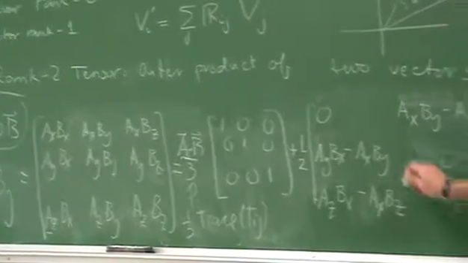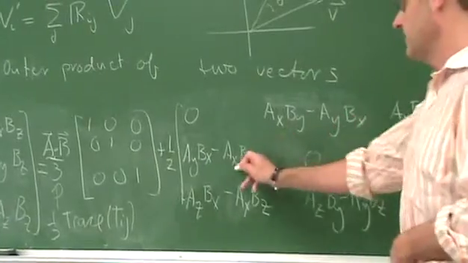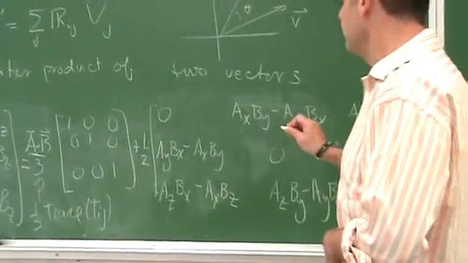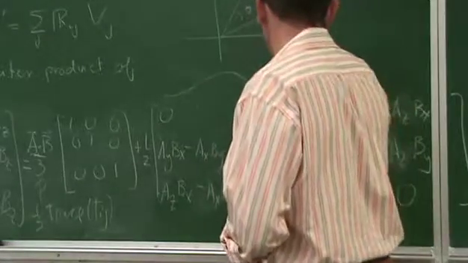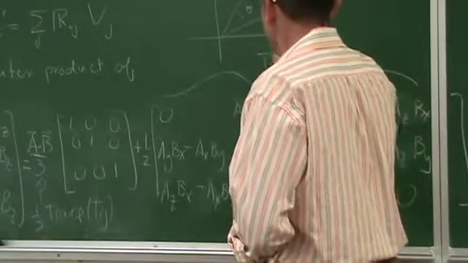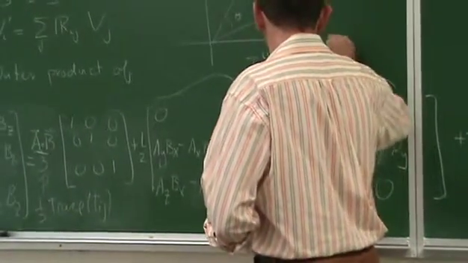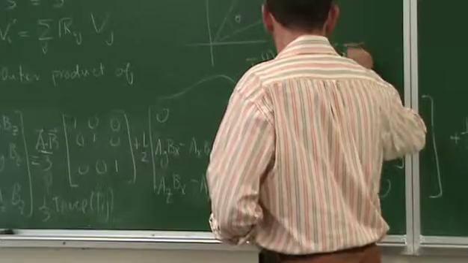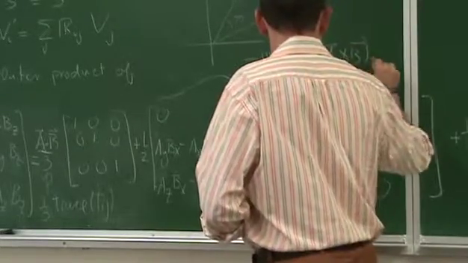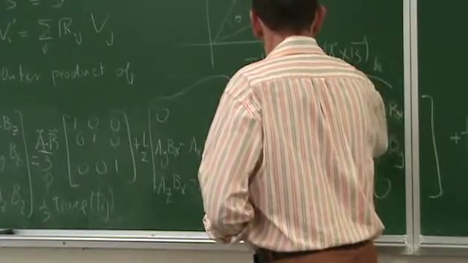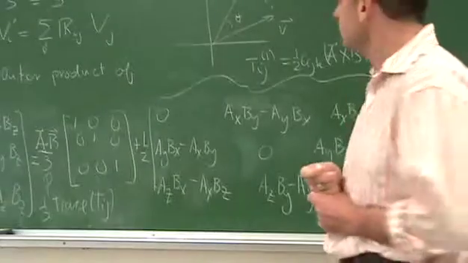There's a piece here which is an antisymmetric tensor, and you see its components are related to the components of the cross product, sum over repeated indices here, of those two vectors.